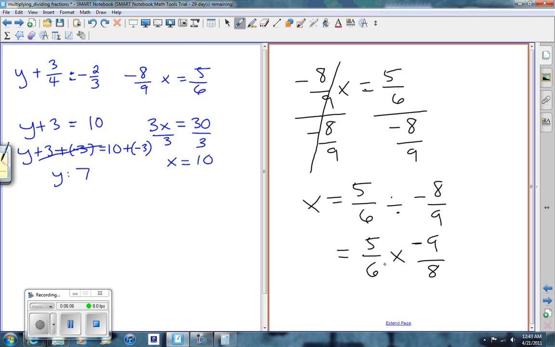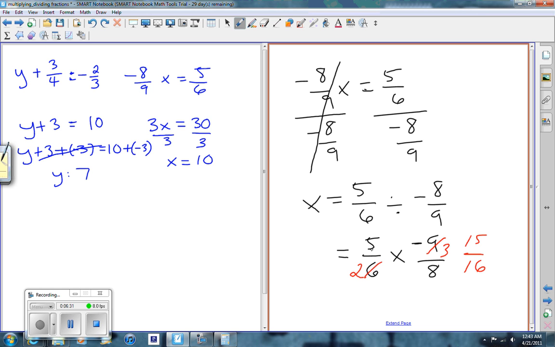We can do a little reducing ahead of time if we want to, just to save us having to simplify later on. The 6 and the 9, greatest common factor is 3. Divide them both by 3 and you get 2 and 3. Nothing we can do with the 5 and the 8. 5 times 3 is 15. 2 times 8 is 16.